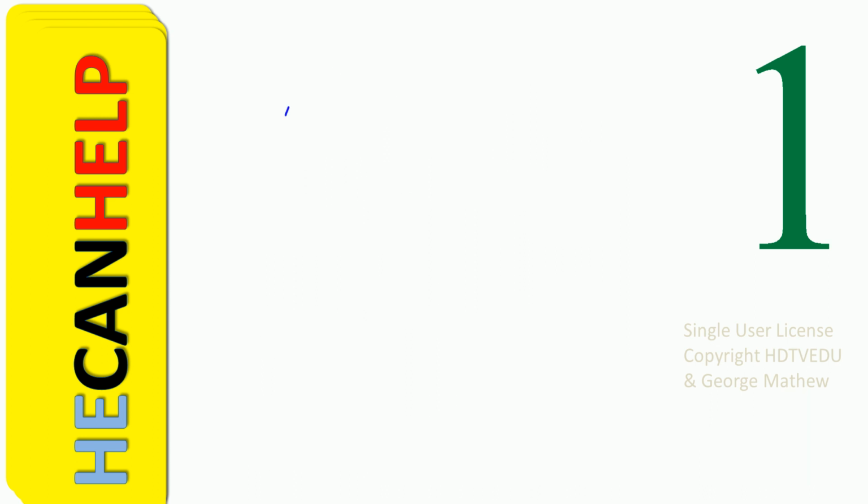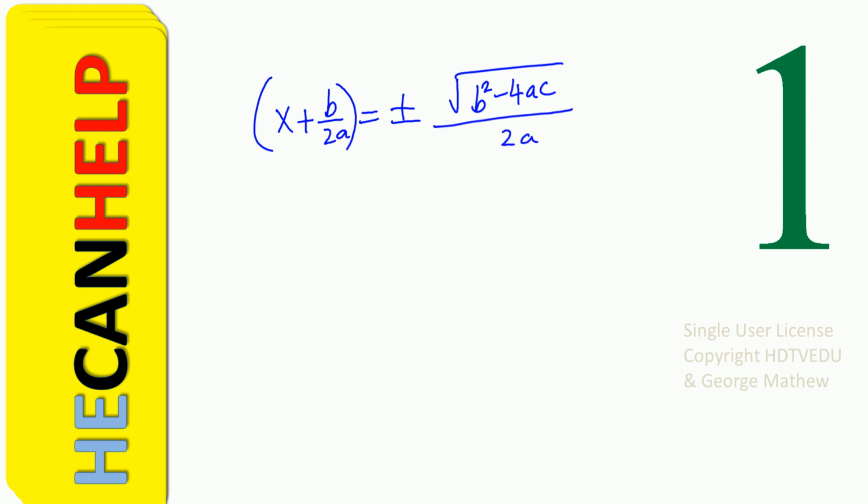So we get x plus b over 2a is equal to plus or minus the square root of b squared minus 4ac divided by 2a. Take b over 2a to the right, and so we get x by itself. So we get x equals negative b over 2a plus or minus the square root of b squared minus 4ac divided by 2a.